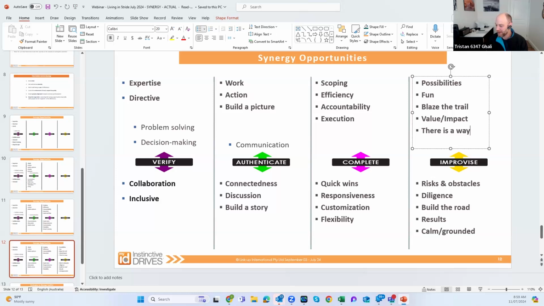For me, the biggest part of synergistic teams, not just about the individual drives here, was about the common purpose that people really believed in, and it wasn't just lip service, oh yeah, that sounds really great, I'm on board, let's get it done, but a real investment in the outcome.